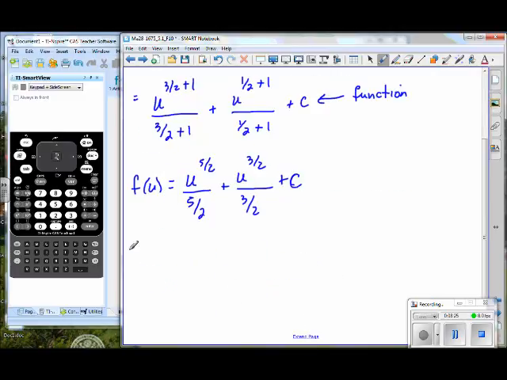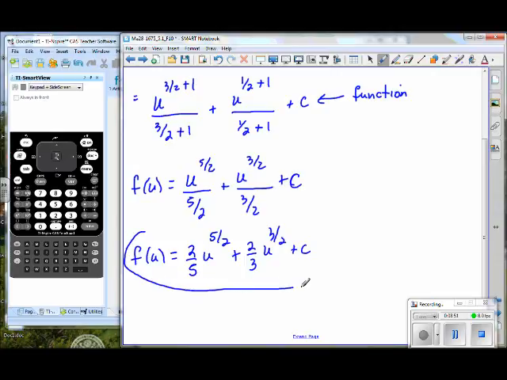And again, we can simplify dividing by a fraction. I would expect that you would do this, so be sure you do this one last step. To divide by 5/2 is to multiply by 2/5. And to divide by 3/2 is to multiply by 2/3.